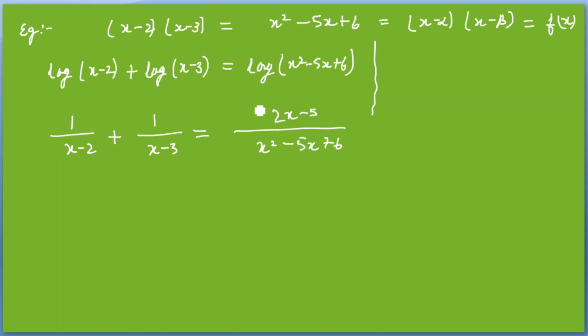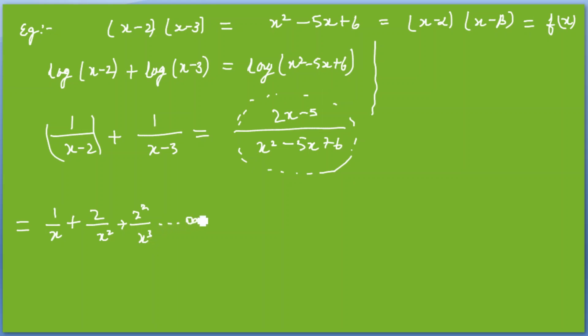And now we can see that this is in the form of synthetic division as we have discussed in our last video, and this side we can write with the help of an infinite geometric series. First expanding this one: 1 upon x plus 2 upon x² plus 2² upon x³ and so on up to infinity.